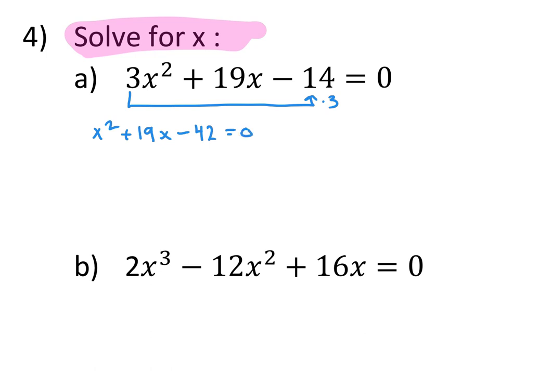All right. And then let's factor this. We end up with, let's see, 2 and 21. So we're going to go x plus 21, x minus 2 equals 0.